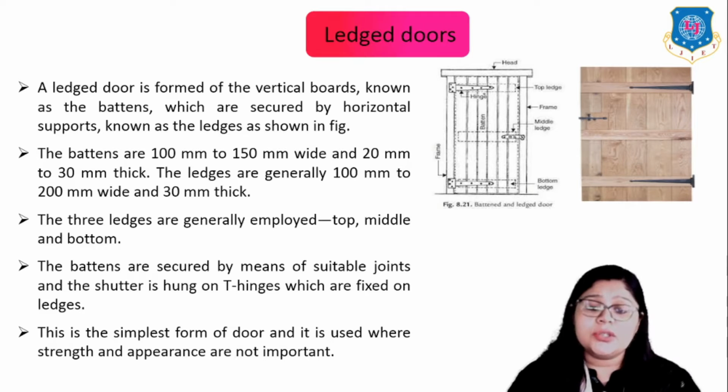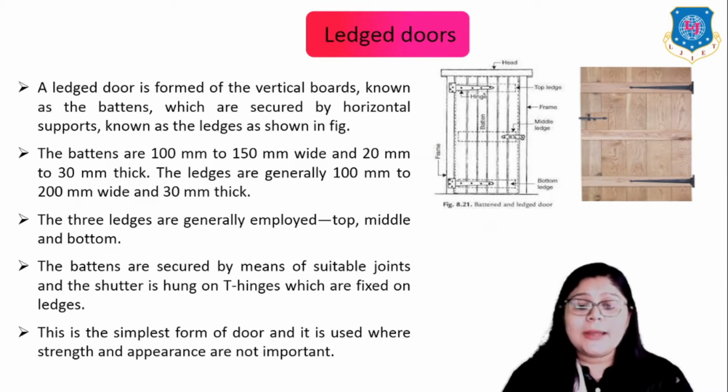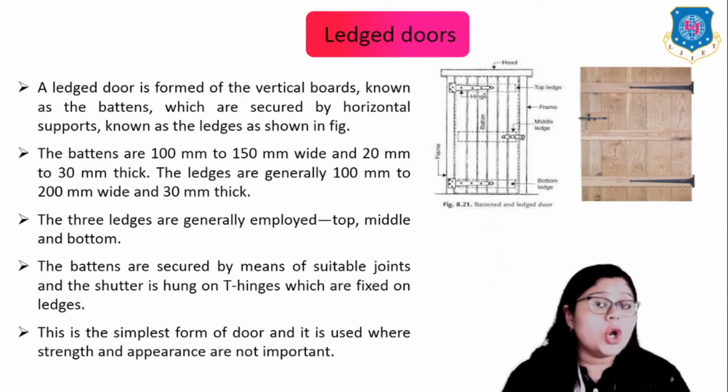The ledges are generally 100 mm to 200 mm wide and 30 mm thick. Three ledges are generally employed: the top, middle and the bottom. The battens are secured by suitable joints and the shutters are hung on T-hinges which are fixed on the ledges. This is the simplest form of door and is used where strength and appearance are not important.